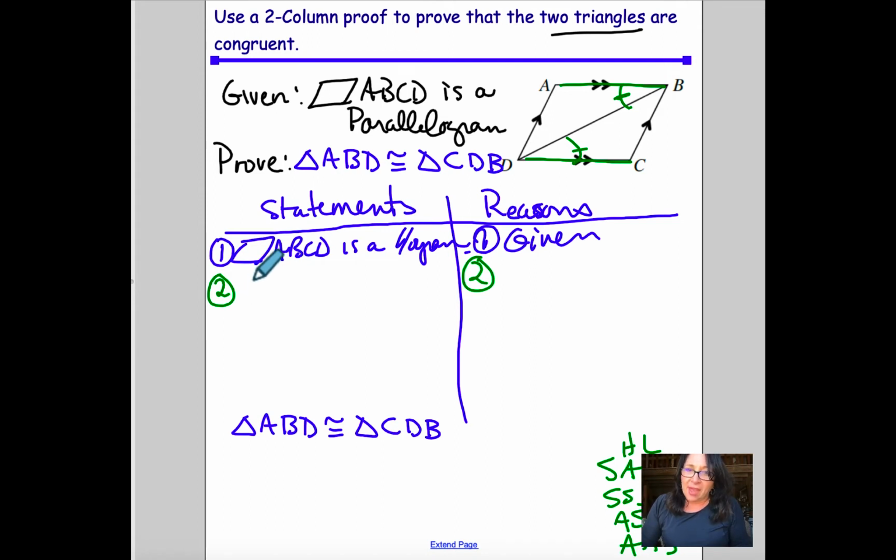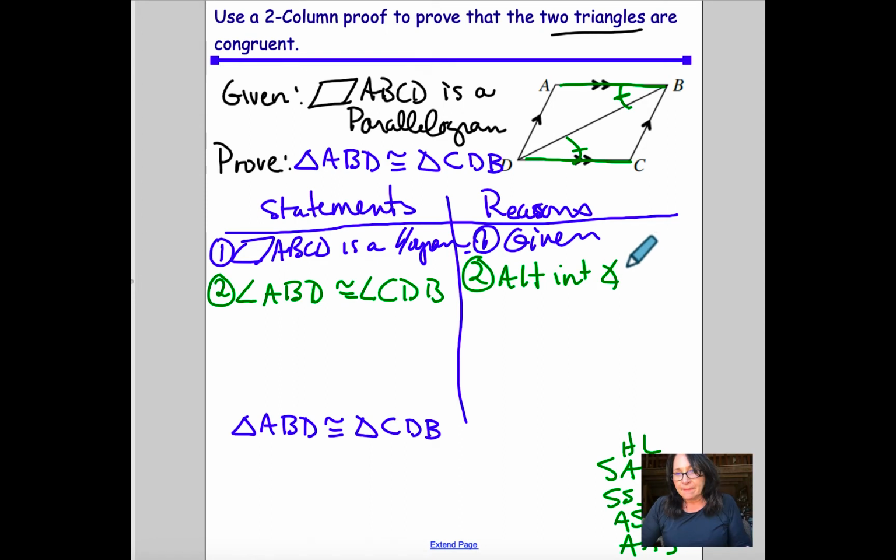So I'm going to say angle ABD is congruent to angle CDB because alternate interior angles are congruent, okay?